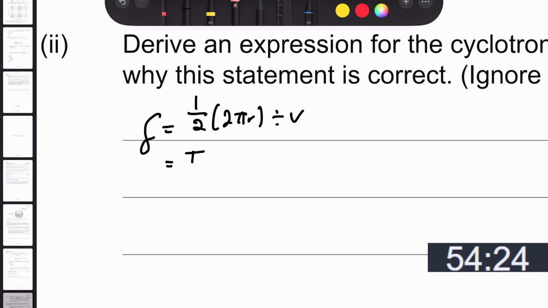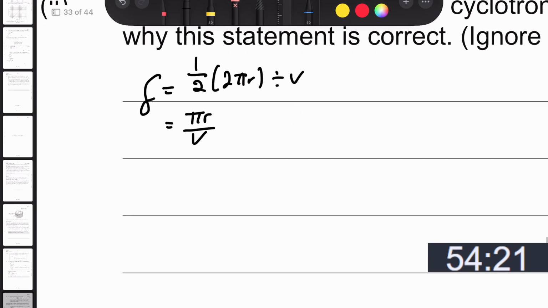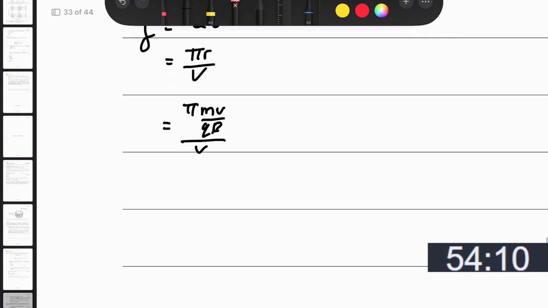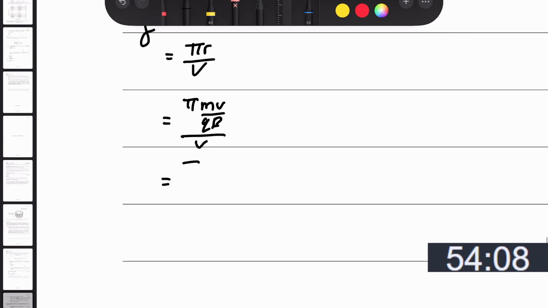So that's going to be pi r over v. So then this is going to be pi m v over qB, all over v. So this is pi m over qB.